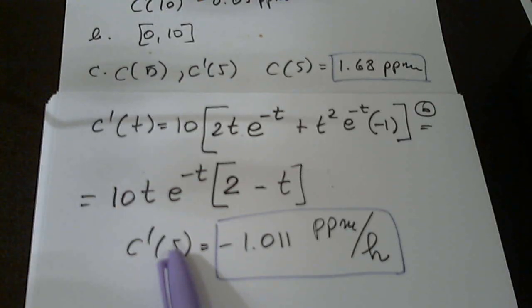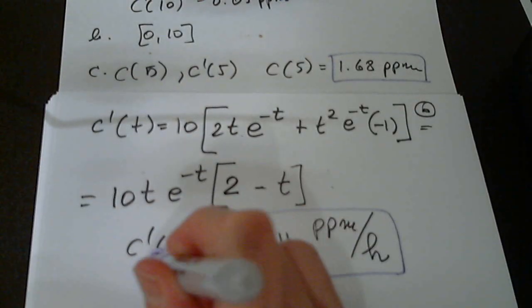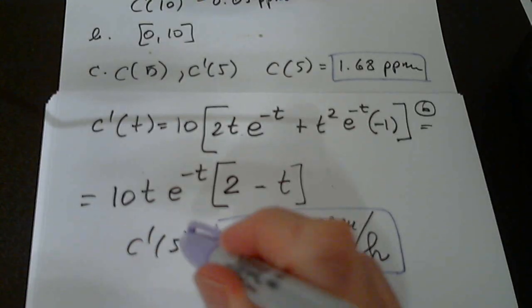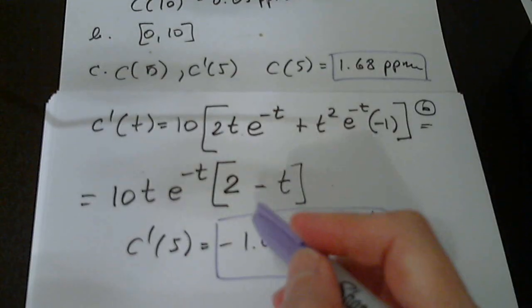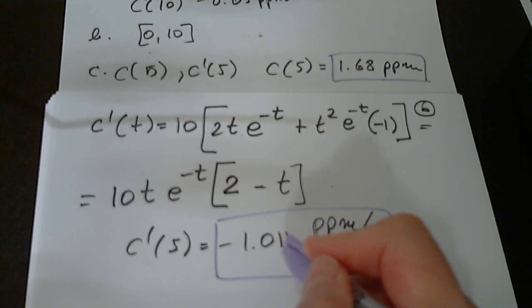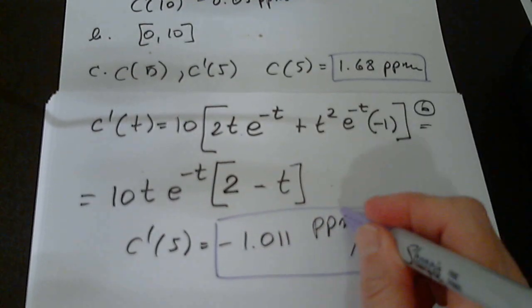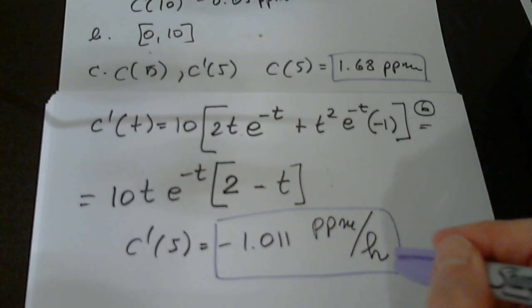After taking the medication, 5 hours later, the concentration in the bloodstream is decreasing by 1.011 parts per million per hour.